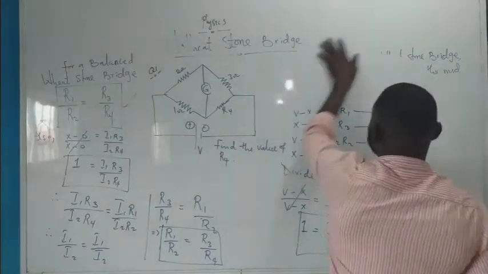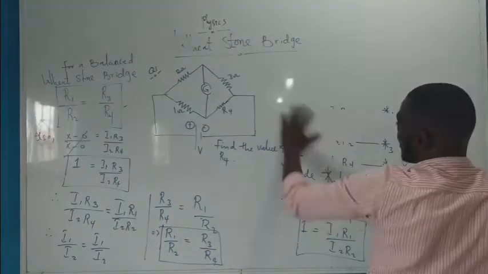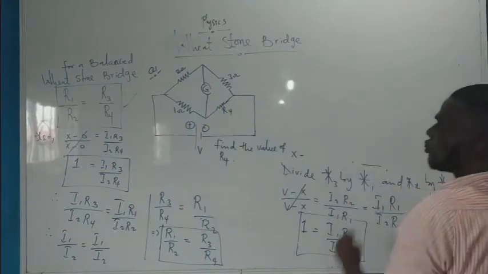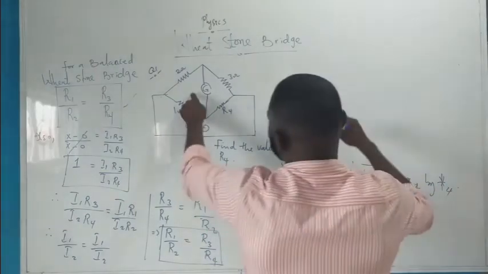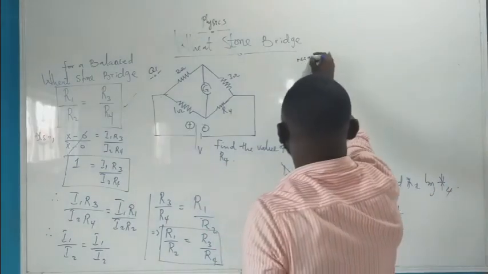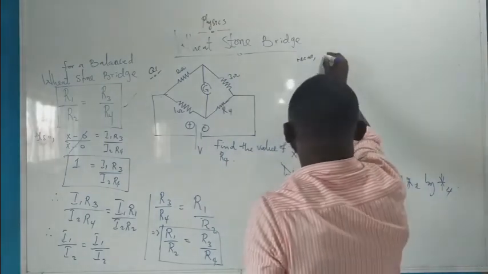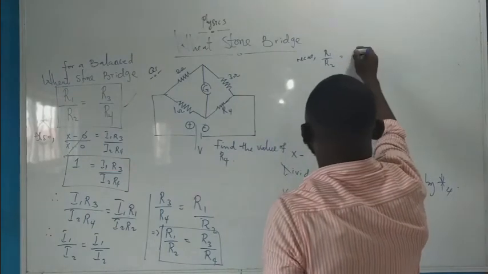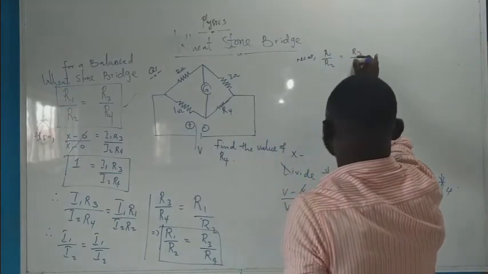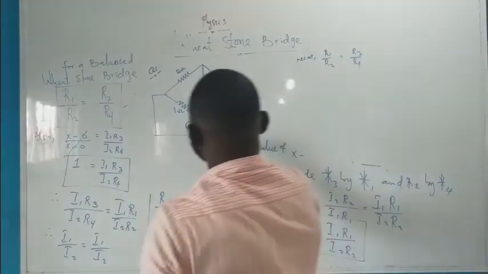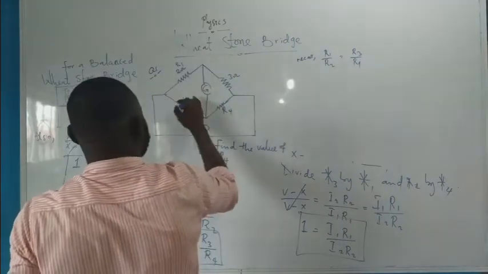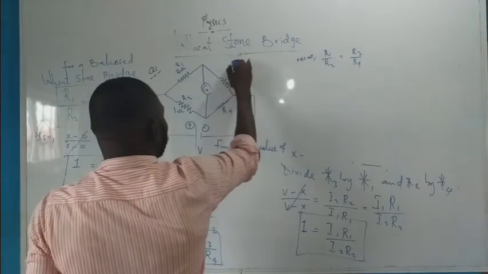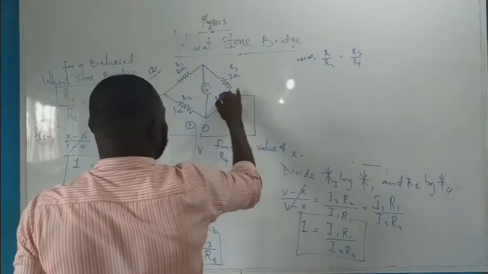For this to be a balanced Wheatstone Bridge, R1 over R2 must be equal to R3 over R4. So you can see, recall that R1 over R2 is equal to R3 over R4. So this is R1, R2, R3, and this is R4, right?